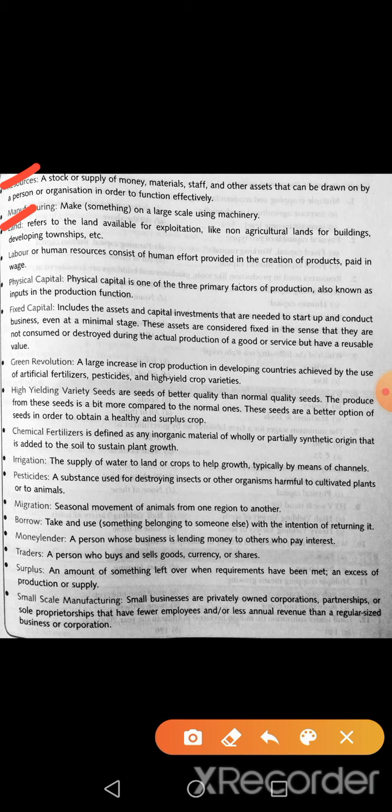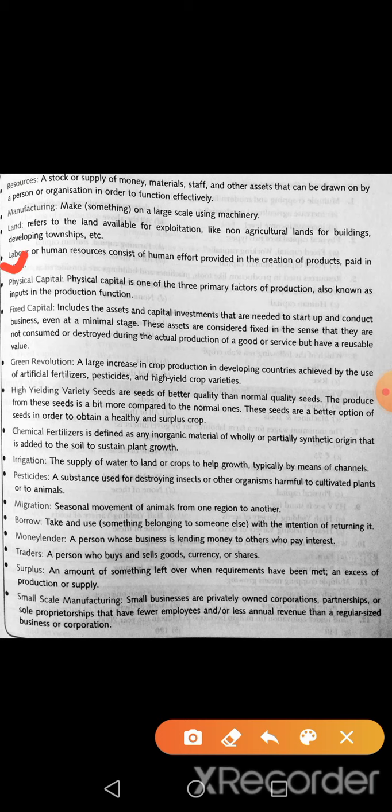Making something on a large scale using machinery is known as manufacturing. Third one, land. Land refers to the land available for exploitation, or we can say for farming, like non-agricultural lands for building, developing townships, making factories, etc.